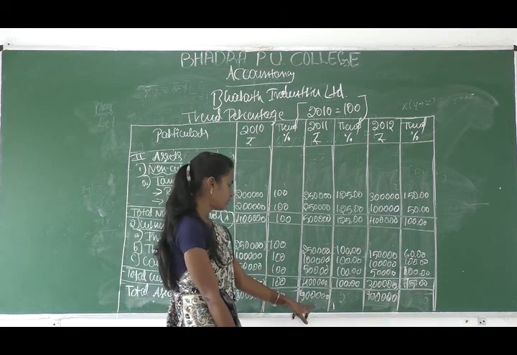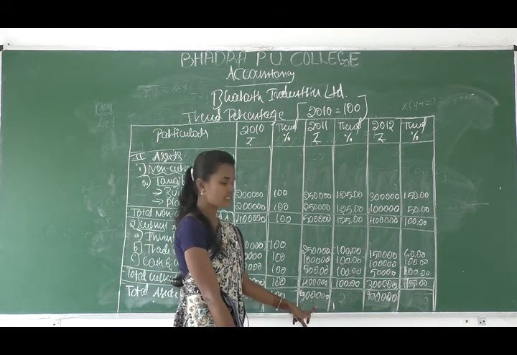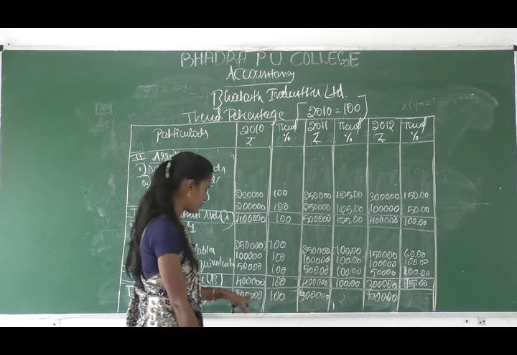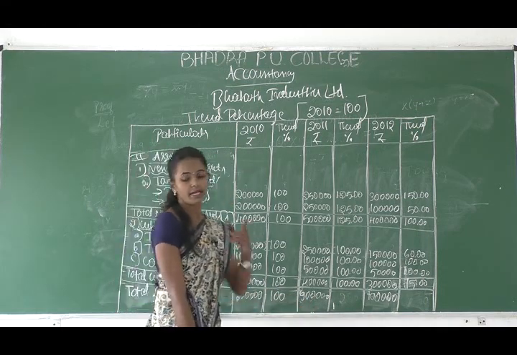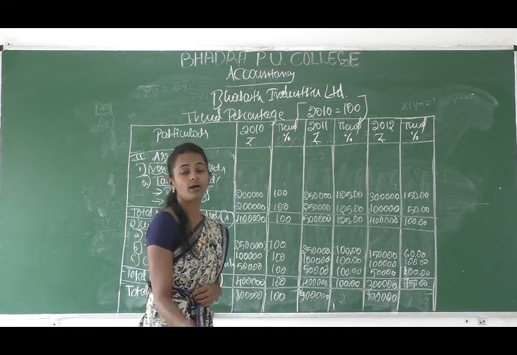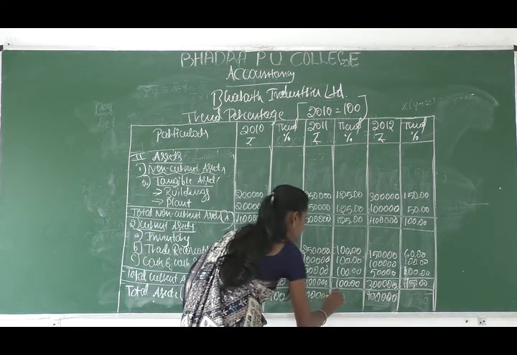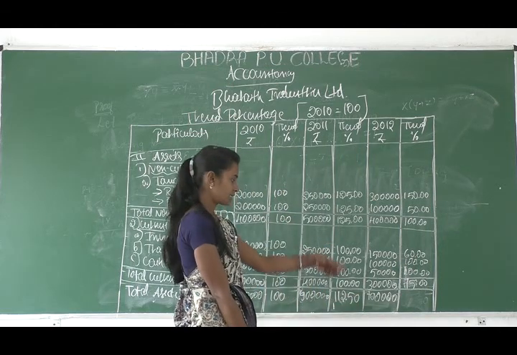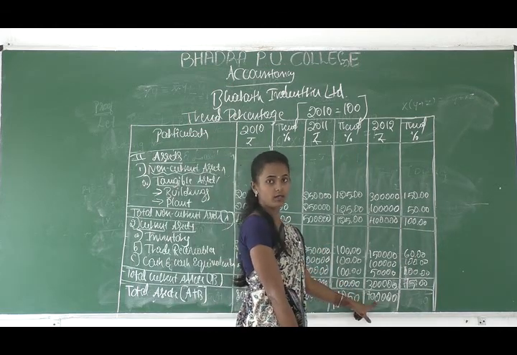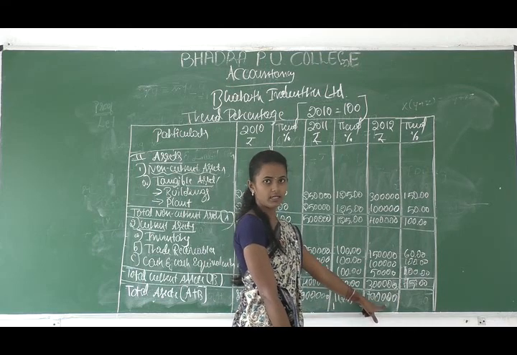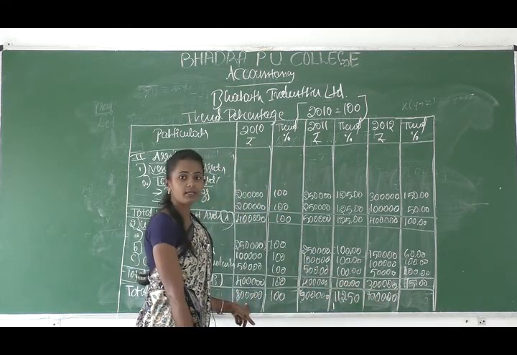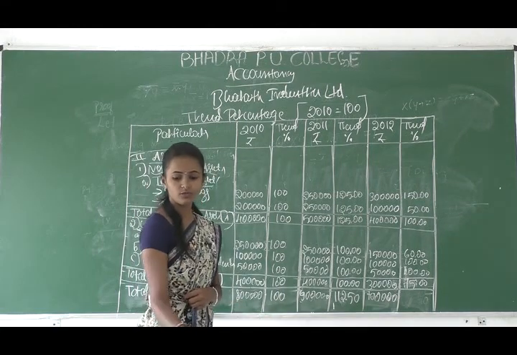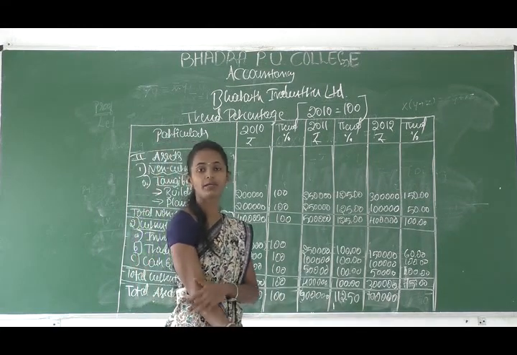Here it's 9 lakh, so total assets in 2011 is 9 lakh. 9 lakh divided by base year value 8 lakh into 100 gives 112.50%. In 2012 our total assets is 7 lakh. So 7 lakh divided by base year value 8 lakh into 100 gives 87.50%.